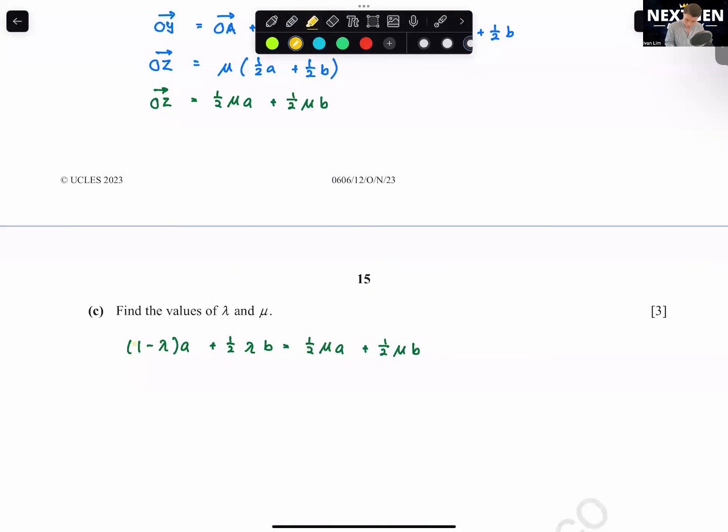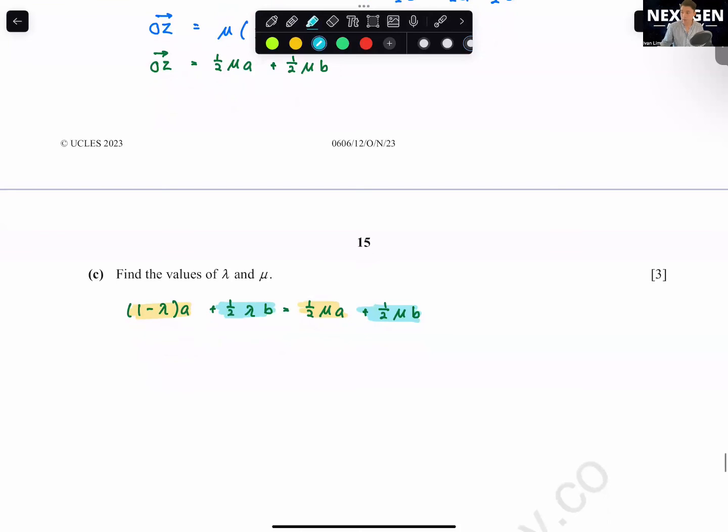A and A, B compare B. So let's do the comparison here. For A, I will take 1 minus lambda equals to 1 over 2 mu.